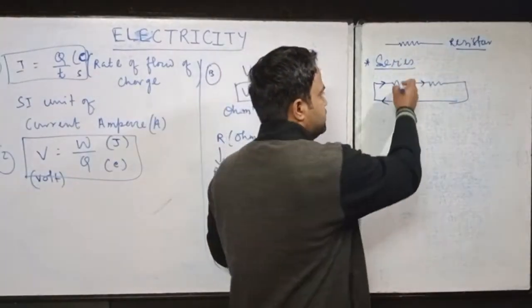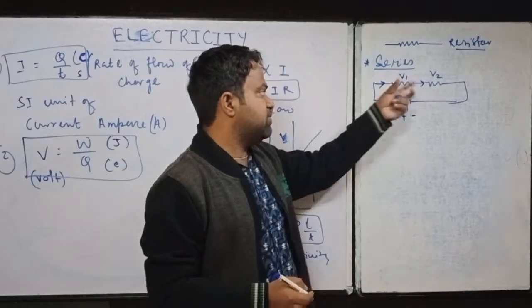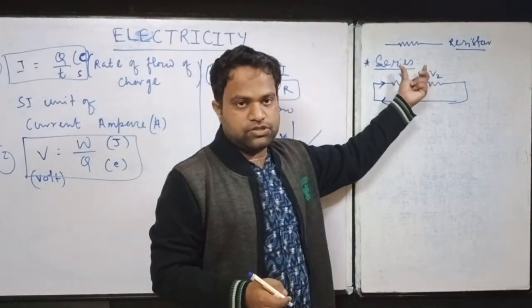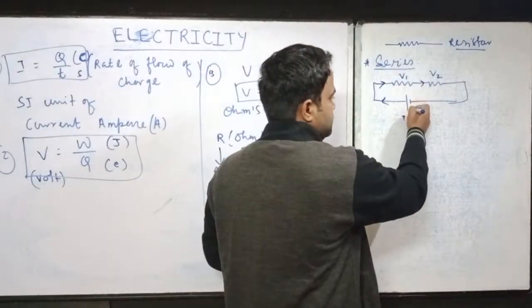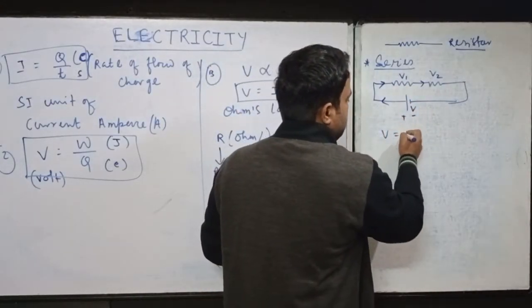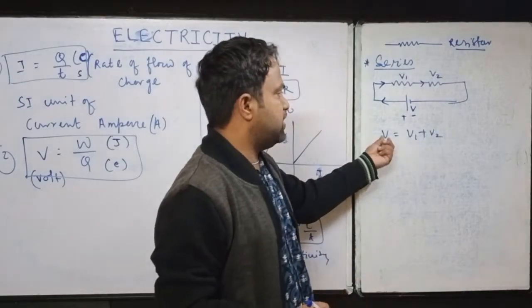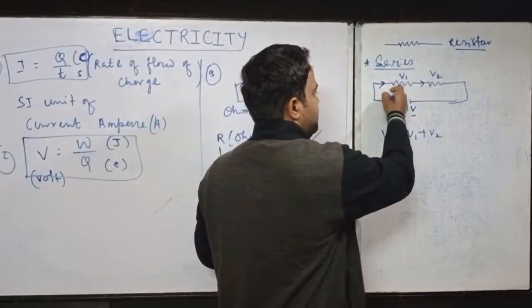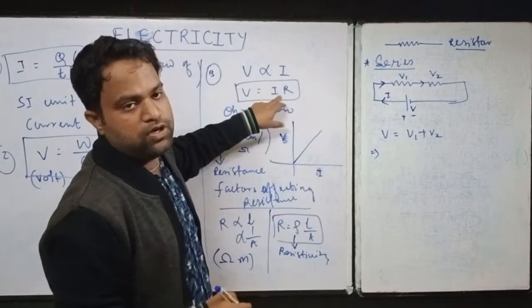Here also the same current, but there will be different voltage drops. Here the voltage drop, let's say V1, here the voltage drop is V2. But remember that the sum of these voltage drops will be equal to the source voltage V. So V will become equal to V1 plus V2. Now suppose the current I is flowing in the circuit, so from Ohm's law, V equal to IR.